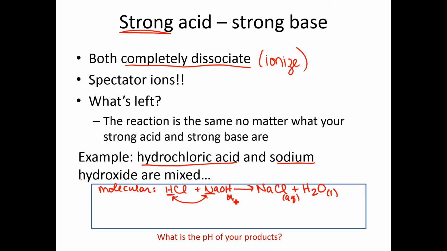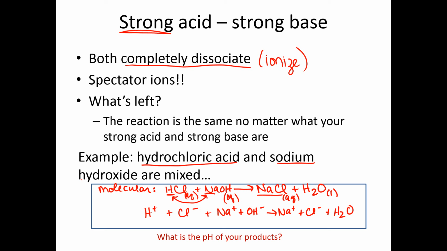Looking at our states of matter, these were all aqueous, and since our initial things are strong acid, strong base, that means they totally ionize. So HCl is really H+ and Cl- ions. Sodium hydroxide totally ionizes. Sodium chloride, think about our solubility rules, that's totally soluble, so it's going to ionize. The only thing that doesn't ionize is water.